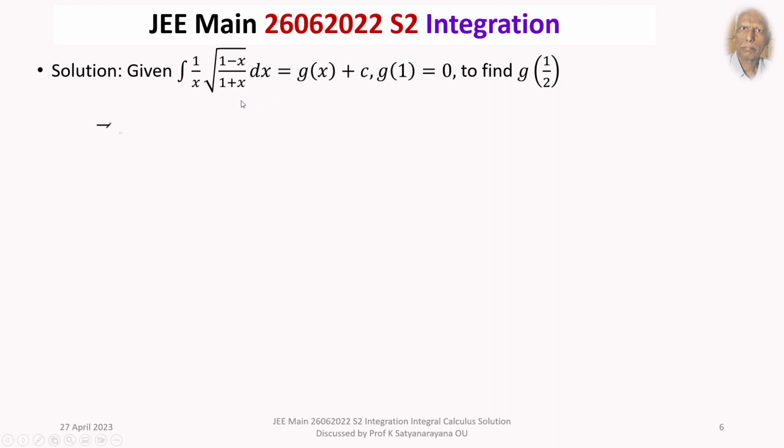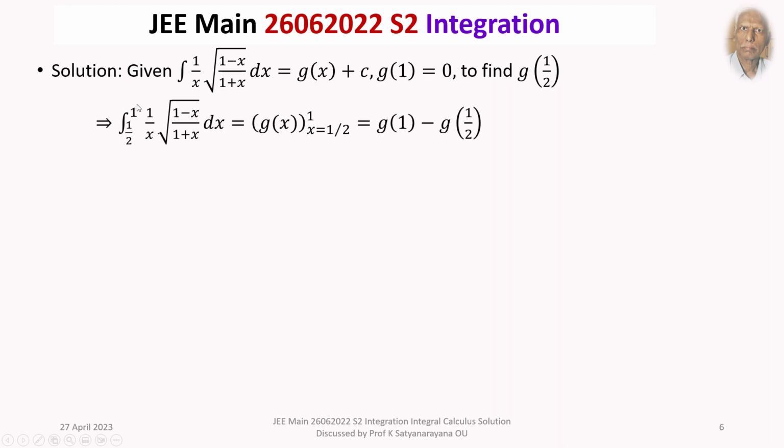And this integral of this function with respect to x, when you integrate, is already given to us as g of x, to be evaluated between the limits x equal to 1 by 2 to 1.